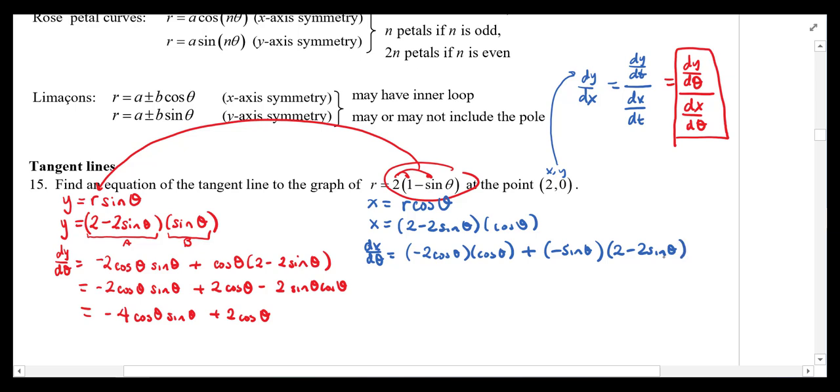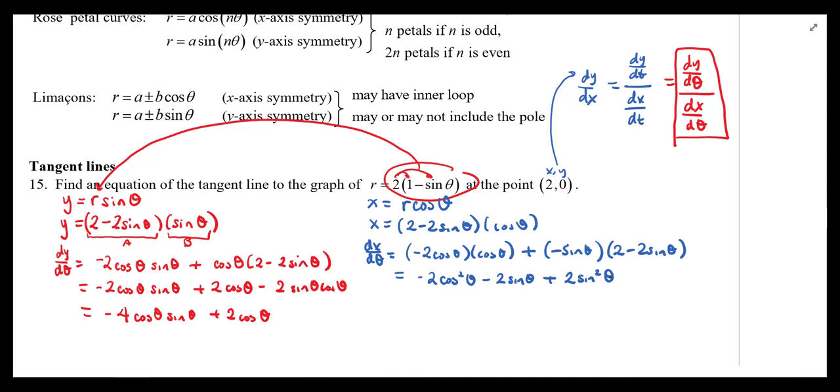I should simplify this, shouldn't I? Okay, negative 2 cosine squared theta minus 2 sine theta plus 2 sine squared theta. Don't really know how that helped, but that's okay.